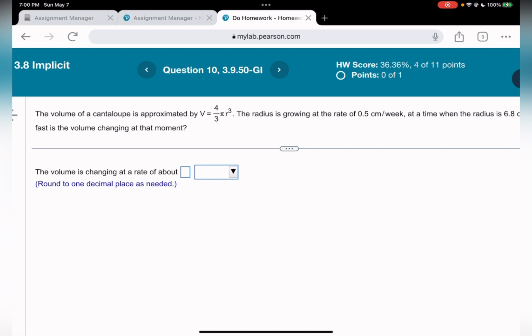Remember, this is the volume formula for a sphere, right? The radius is growing at a rate of 0.5 centimeters per week. That's the radius rate, dr by dt, 0.5. Let me write it down.